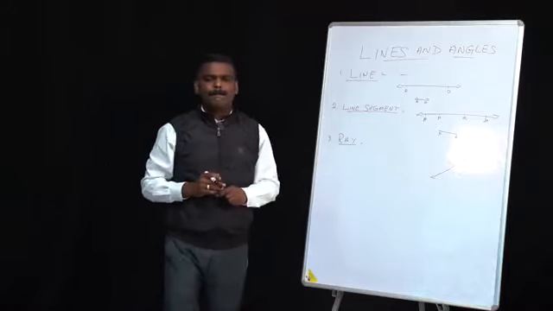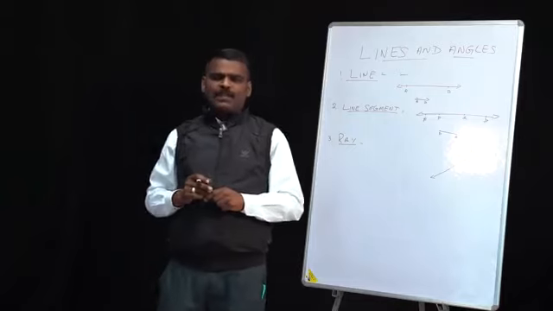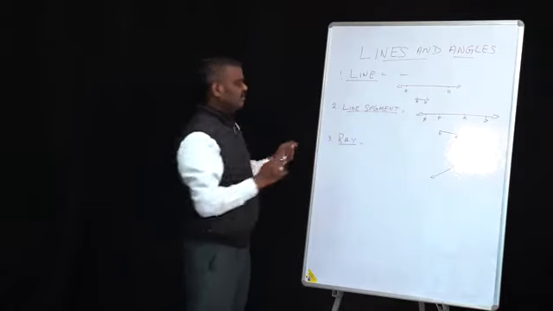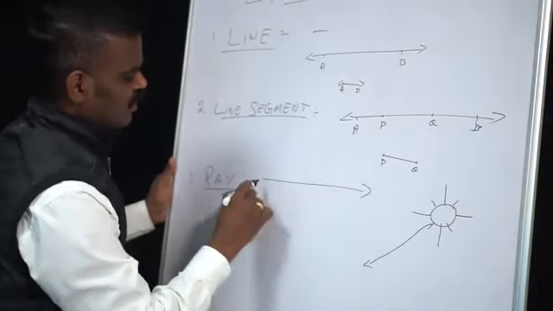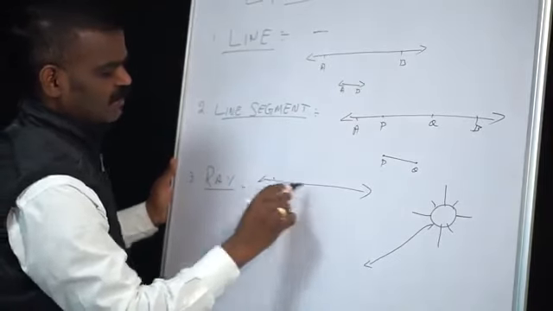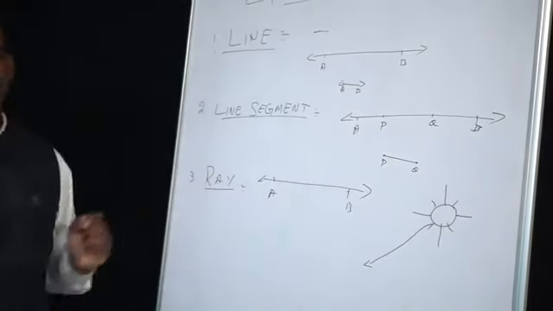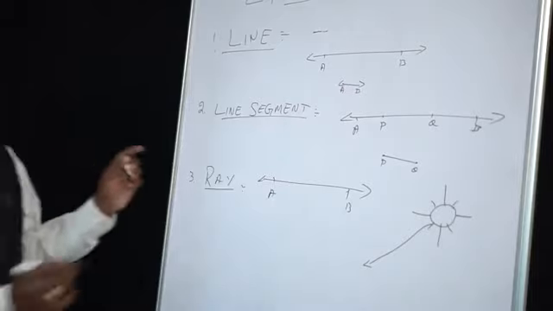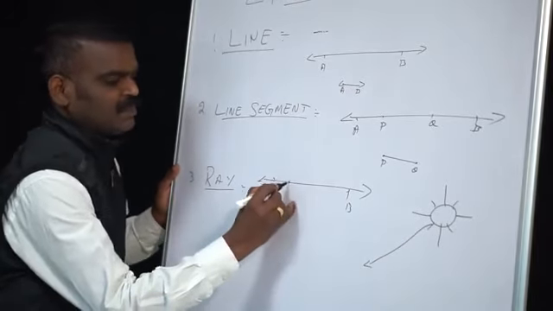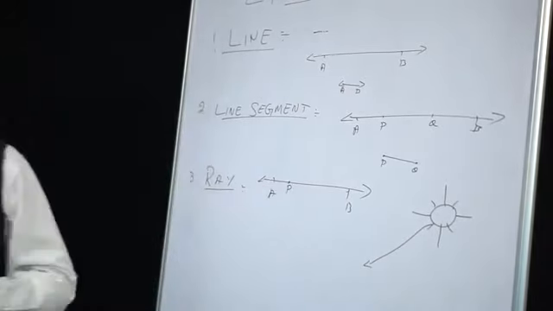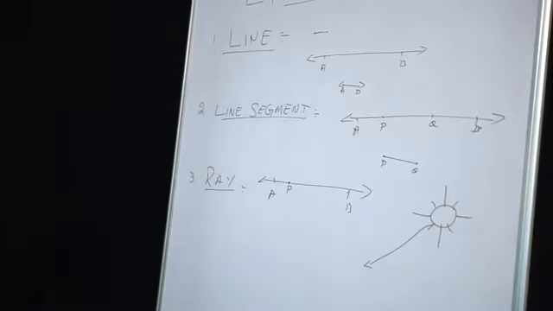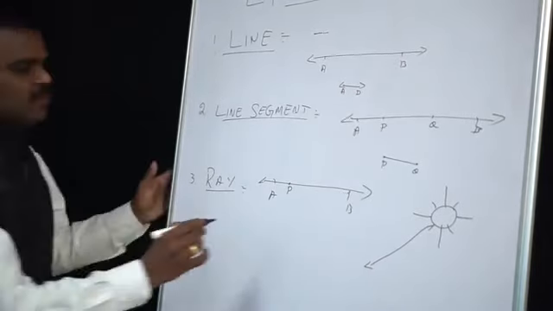So, ray is a part of a line. It's a part of line AB. Here it's a point P, and where it is going to end, we do not know.